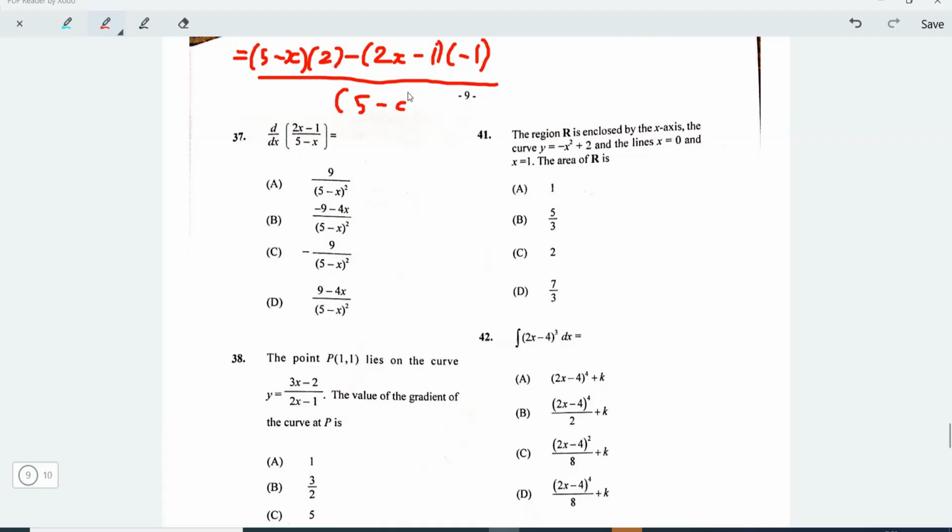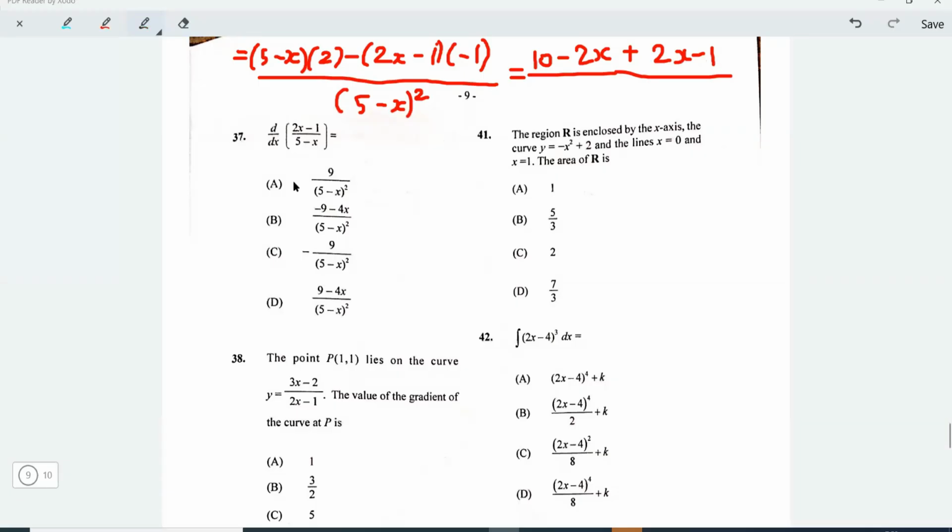That's it. So what we end up getting is 5 minus x times 2, which is 10 minus 2x, and then minus and minus become plus, so that becomes plus 2x, and then minus 1 times minus 1 is plus 1, times minus 1... as you can see, the minus 2x and the plus 2x are gone. 10 minus 1 is 9.